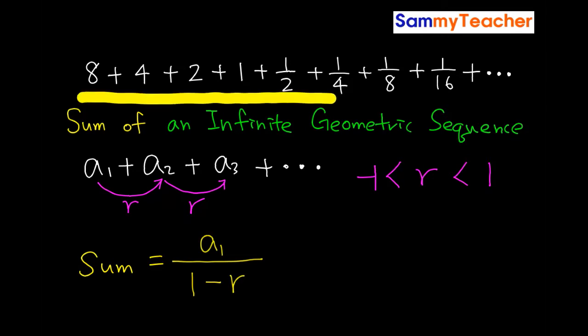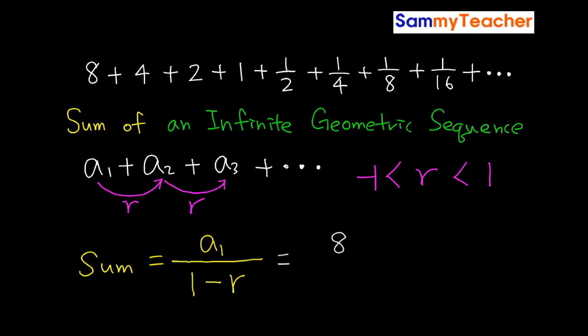And for the example we used, the first term was 8, and you divide that by 1 minus 1/2, because that was the r value that we multiplied each time. And since the denominator 1 minus 1/2 leaves 1/2, we can rewrite this as 8 over 1/2.